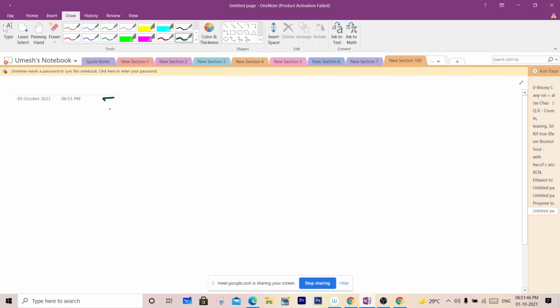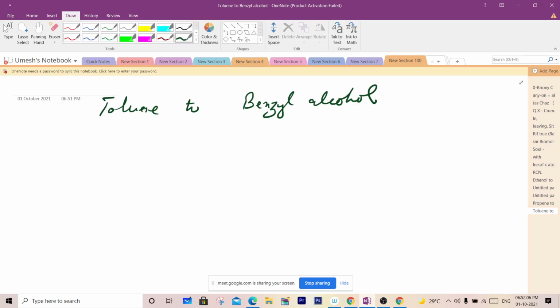Convert toluene to benzyl alcohol. So Cl2 in light, then aqueous KOH.